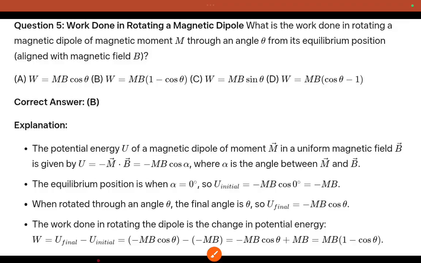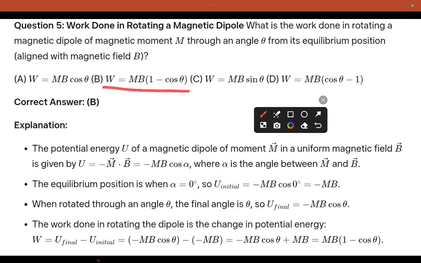Question number 5, related to the work done in rotating a magnetic dipole. What is the work done in rotating a magnetic dipole of magnetic moment M through an angle theta from its equilibrium position? The answer is W equal to M B (1 minus cos theta).